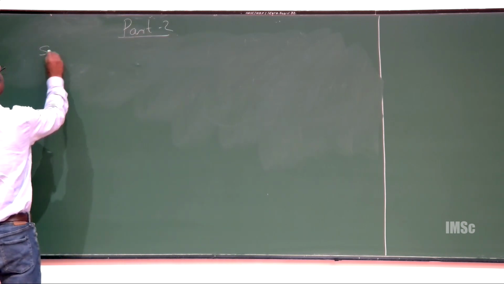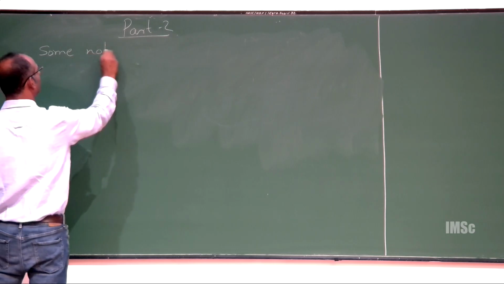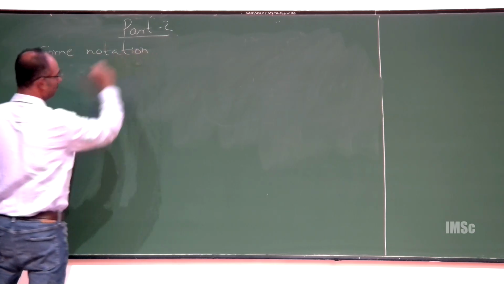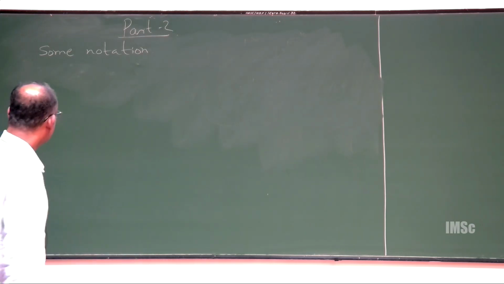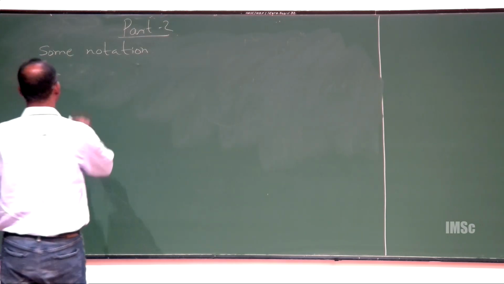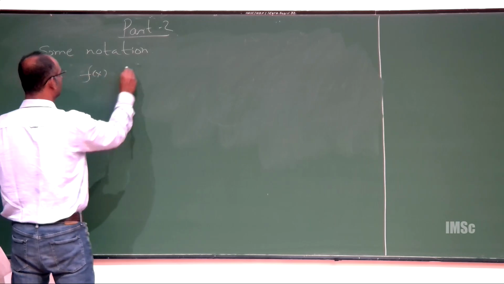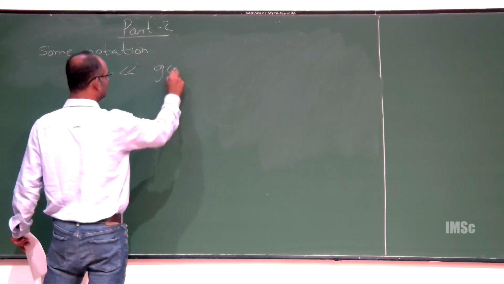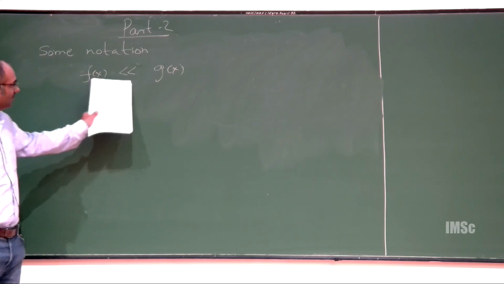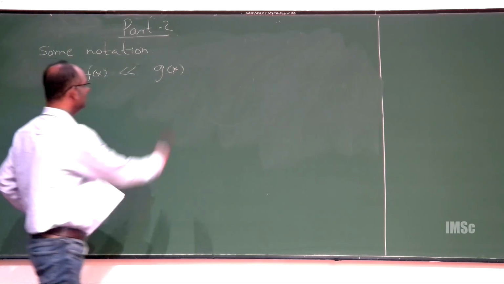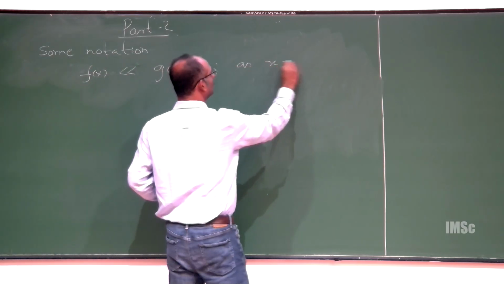I'll start with some notation, which we are going to utilize in the remainder of this lecture. So I'll say a function f of x is much smaller than another function g of x, as x goes to x naught.